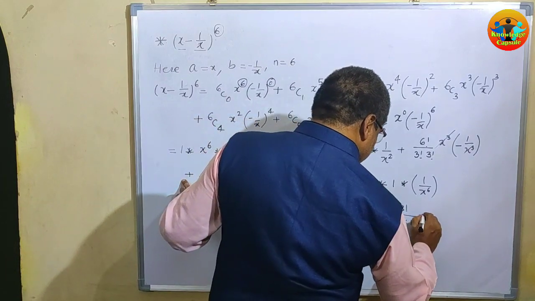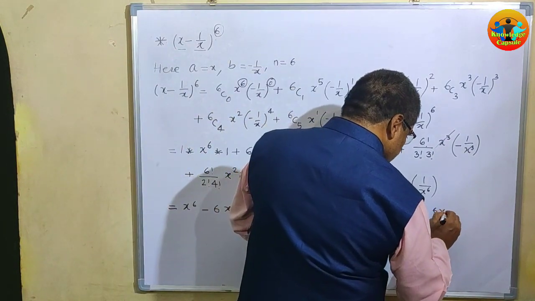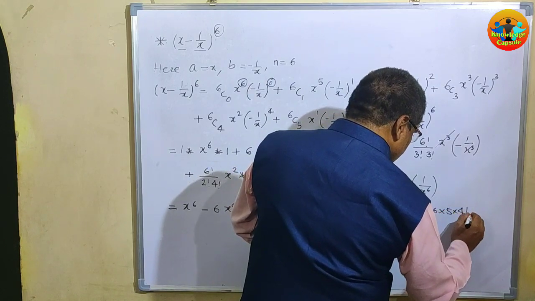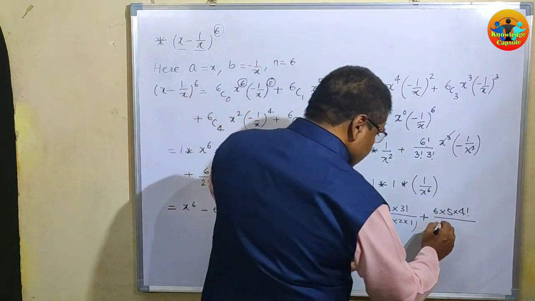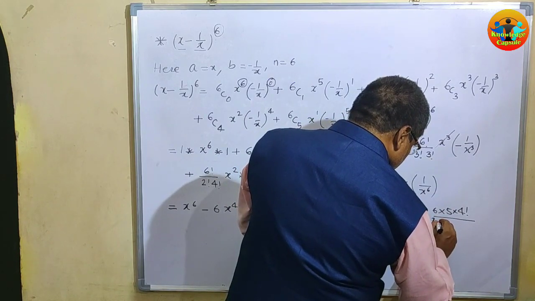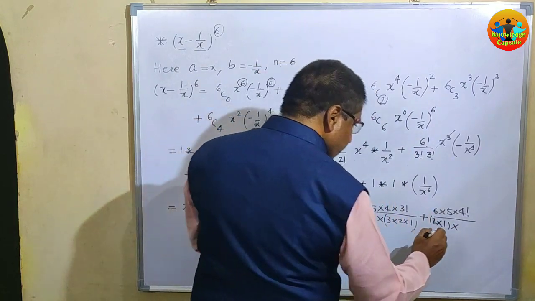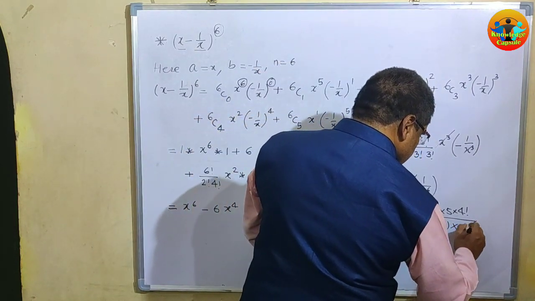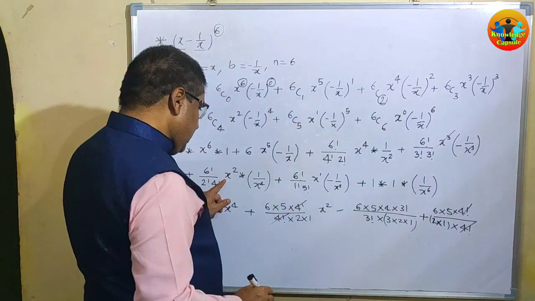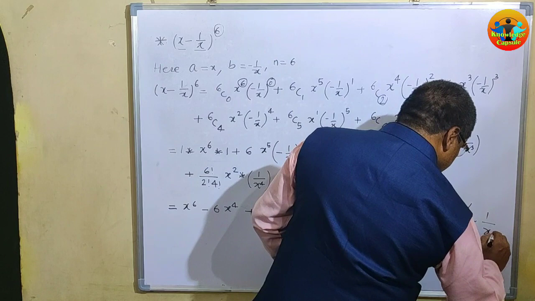Next term is plus factorial 6 can be written as 6 into 5 into factorial 4 upon factorial 2 into 2 can be written as 2 into 1 into factorial 4. This will be cancelled. X square upon x raised to 4 is 1 upon x square.